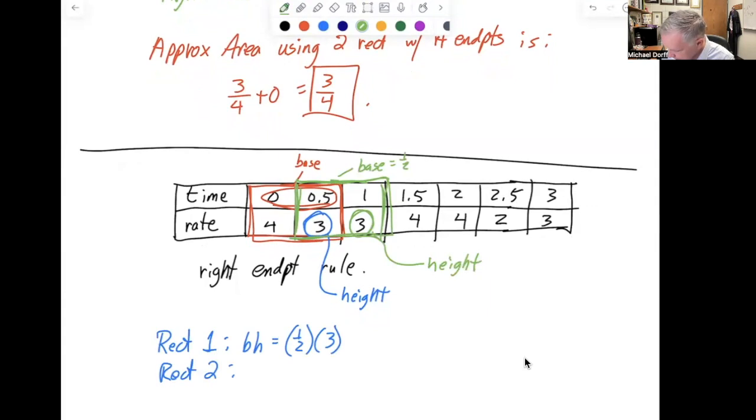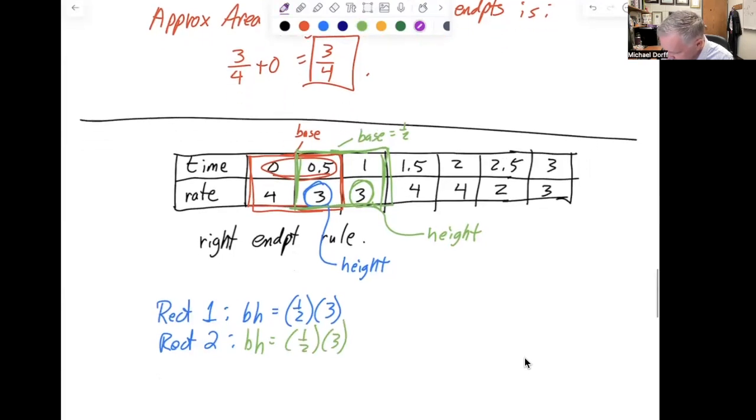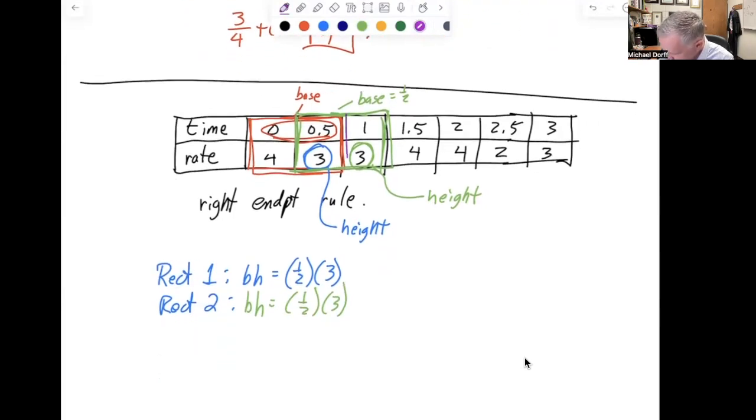So its base times height is a half times 3. Now I can keep doing this for each of these. I have a third rectangle in purple, rectangle 3, whose area is base times height, which is a half, because it's 1.5 minus 1, times the height of 4. There's the height.